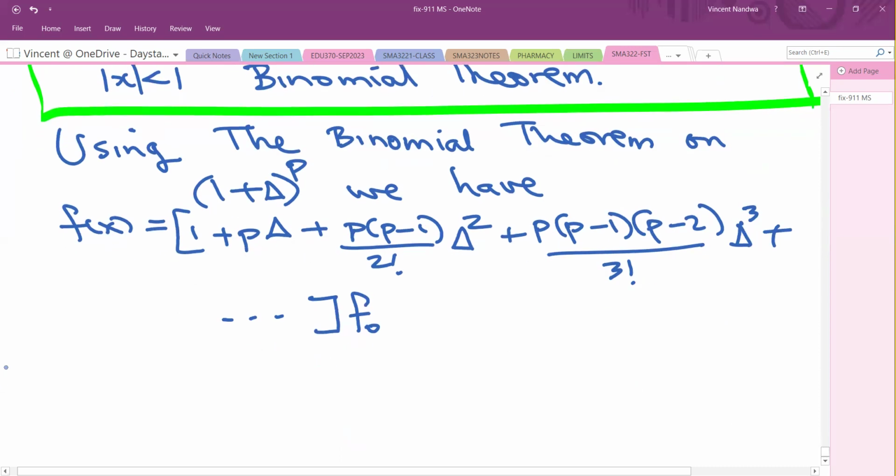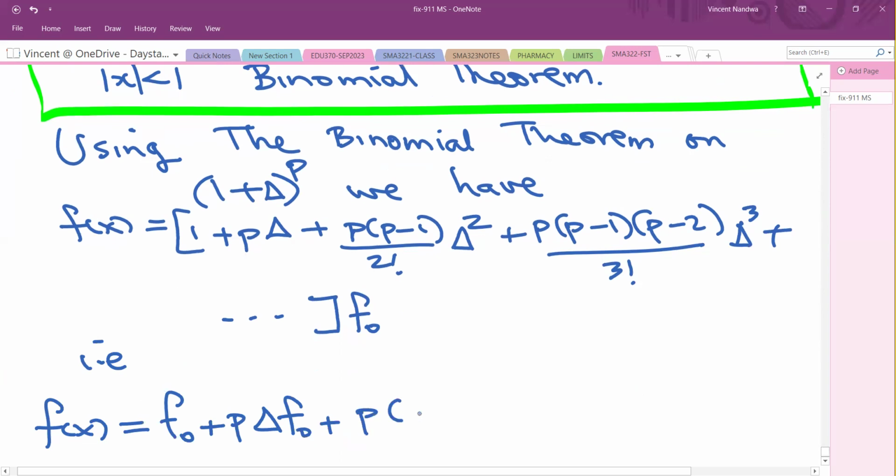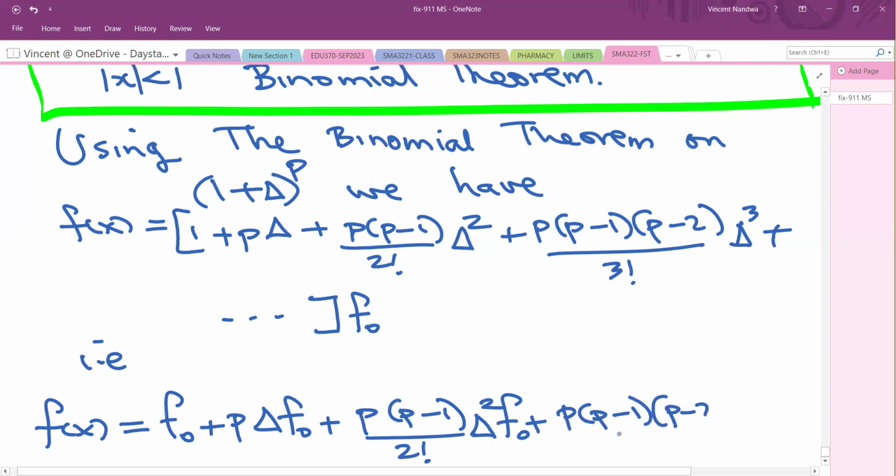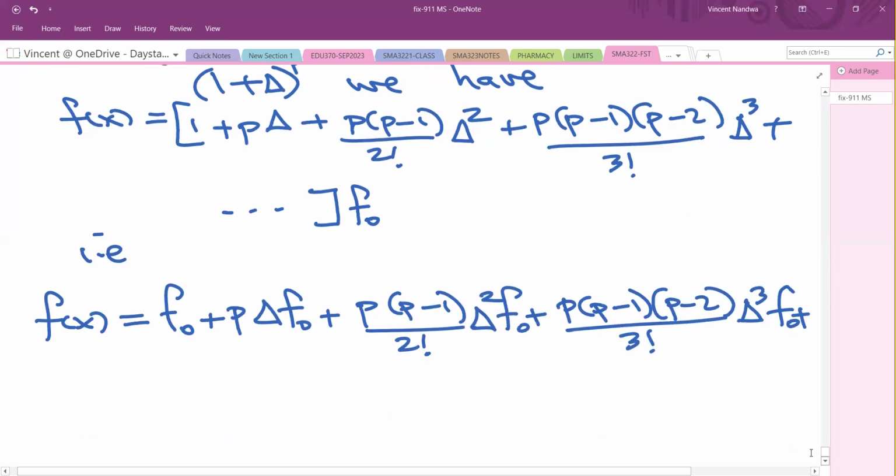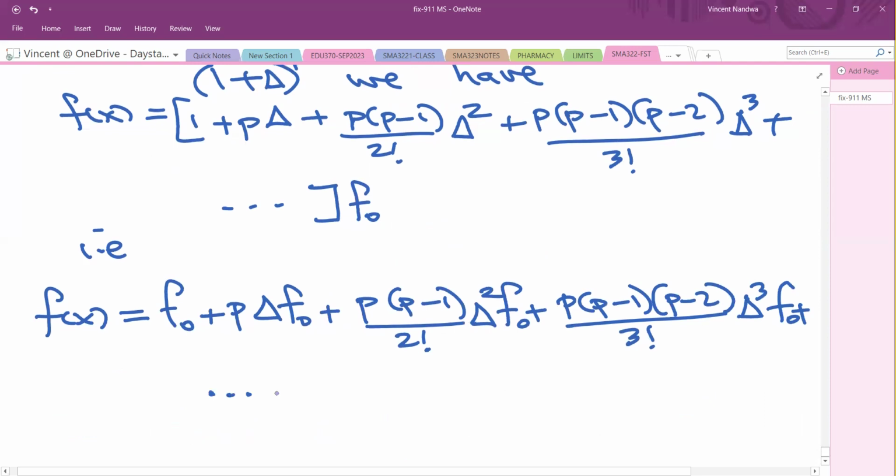So this is nothing but f of x is equal to, multiplying everything in this bracket by f naught, 1 times f naught is f naught, plus p forward of f naught, plus p into p minus 1 over 2 factorial second forward of f naught, plus p into p minus 1 into p minus 2 over 3 factorial third forward of f naught, plus all other several terms of the same kind.